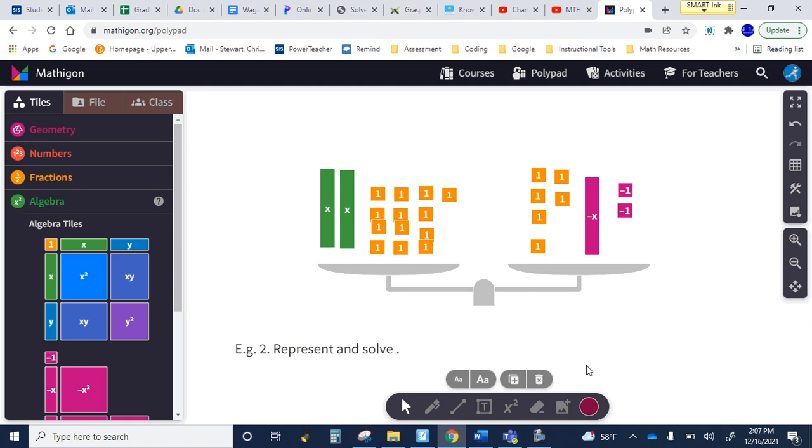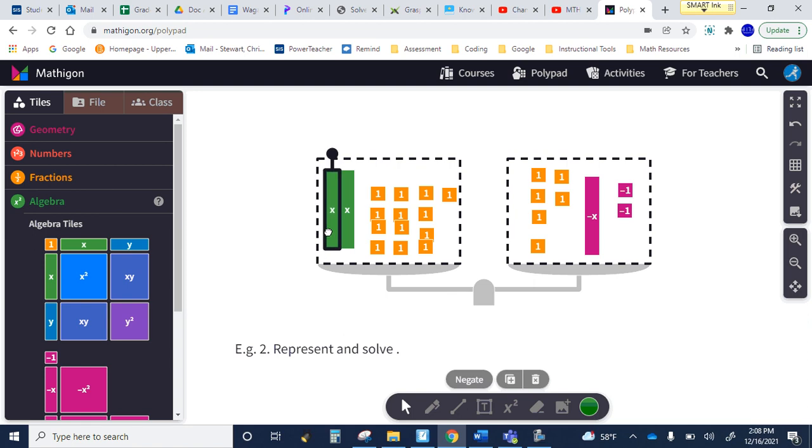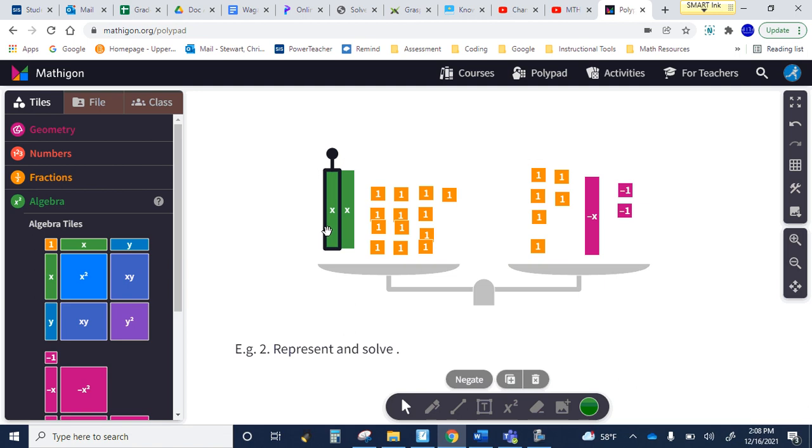So the idea, of course, when solving an equation is to ensure that you have an x tile, that is a positive x term, and only one of them on one side of your equation. So notice that we have two positive x tiles here, one negative x tile over here.